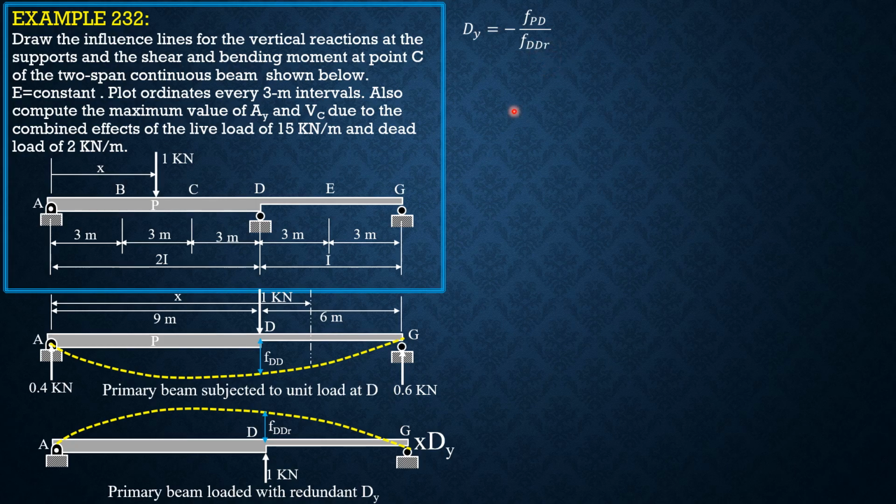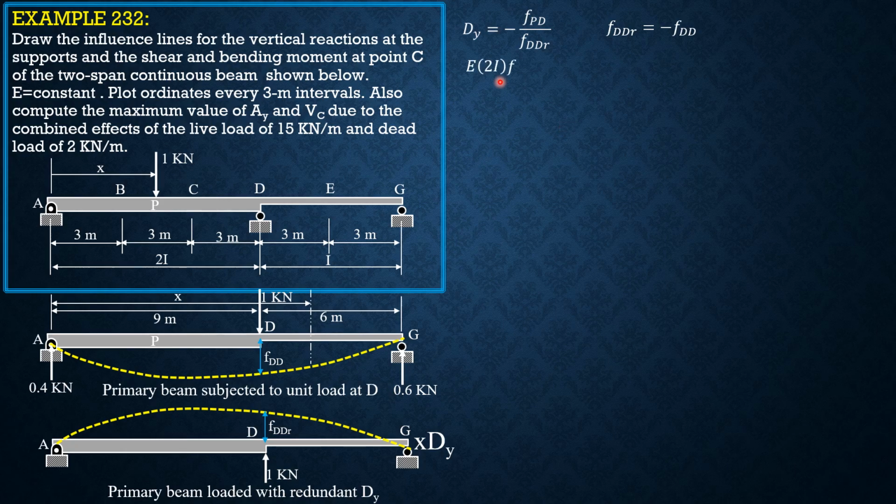Then FDDR is the negative of FDD because this loading situation is the same except that FDDR is positive when the unit load is acting at D, the position of the unit load at D where DY is our chosen redundant force or redundant reaction.